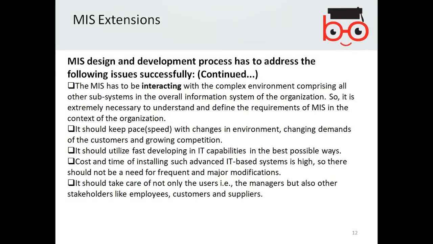Therefore, it is important that you should understand every requirement of the MIS. If the MIS is based on many subsystems, then in order to make it work very well, you must understand every subsystem very well.